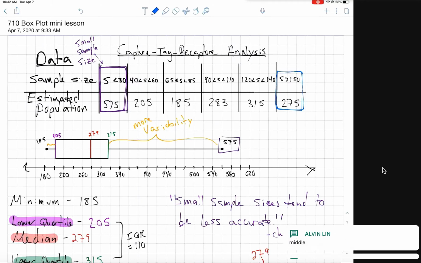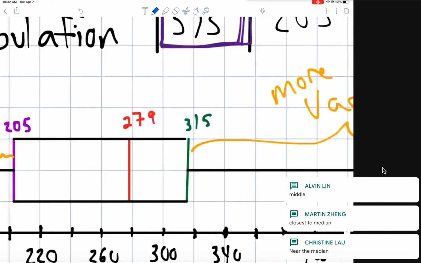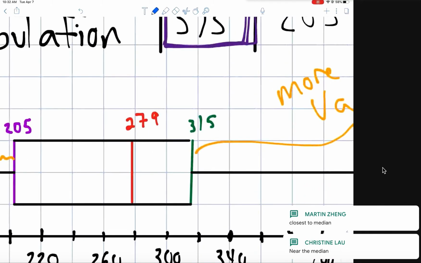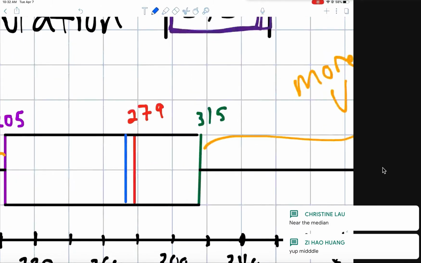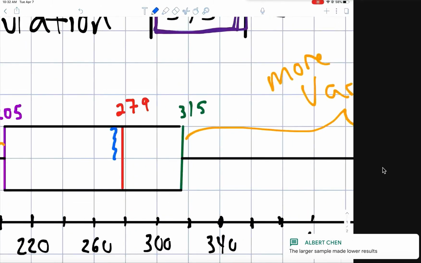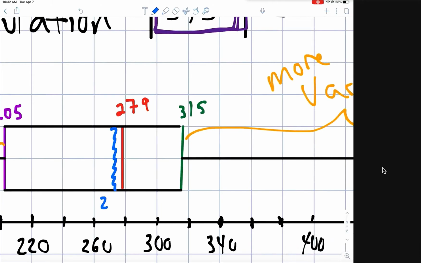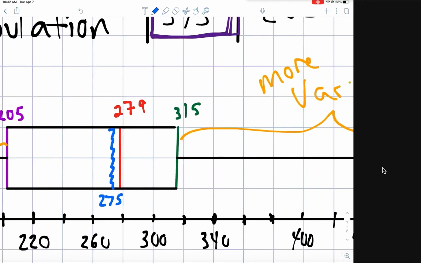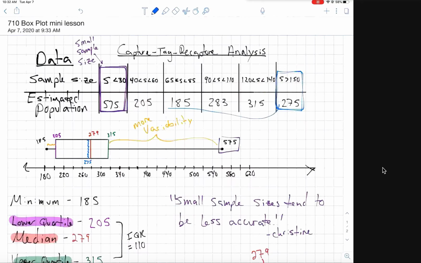Yeah, almost right in the middle, right? That's our largest sample size, and it's falling almost directly in the middle of our box plot.